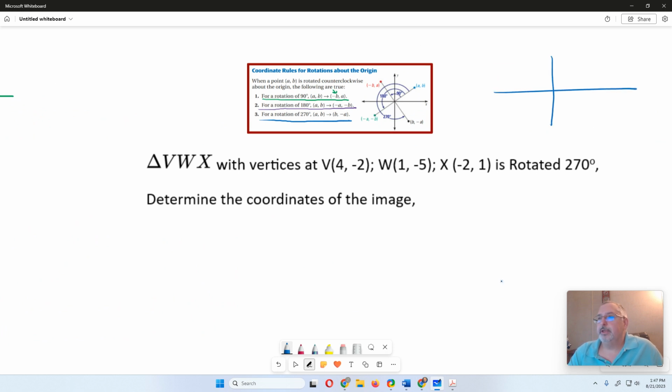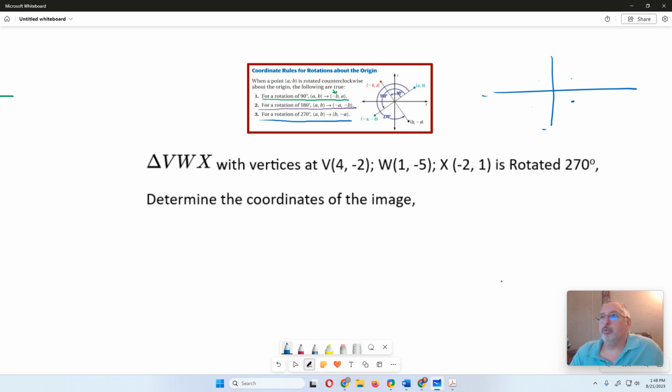We've got (4, -2), which will be down here in the 4th quadrant. We're going counterclockwise 270 degrees. Each quadrant is 90 degrees, so that's 90, 180, 270. If we look at the signs, both of these are going to be negative. Let's see if that works out.